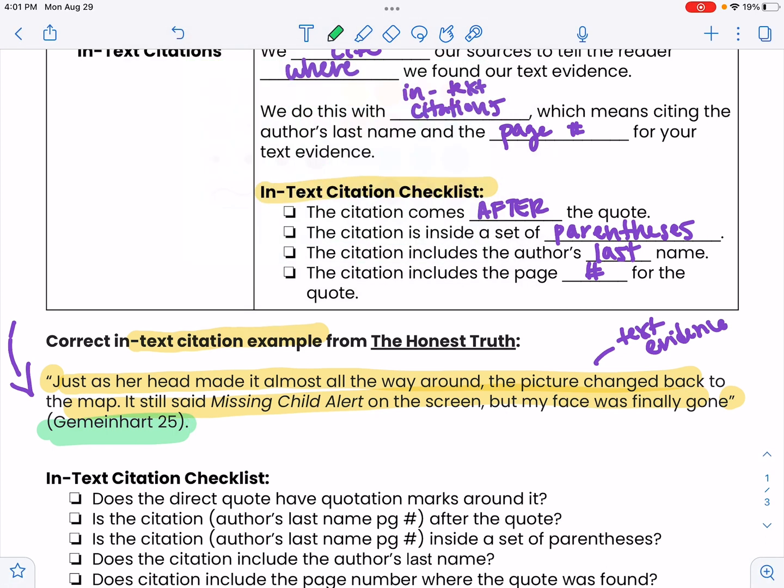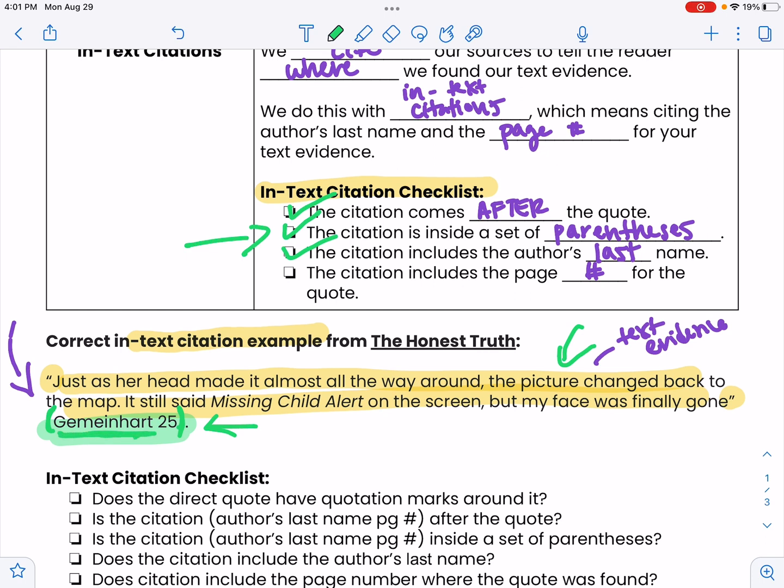So looking at this checklist right here, this in-text citation has, the citation comes after the quote. So this was our quote. It comes after, so that's good. The citation is inside a set of parentheses. These are parentheses, so that's good. The citation includes the author's last name. This is the author of The Honest Truth.